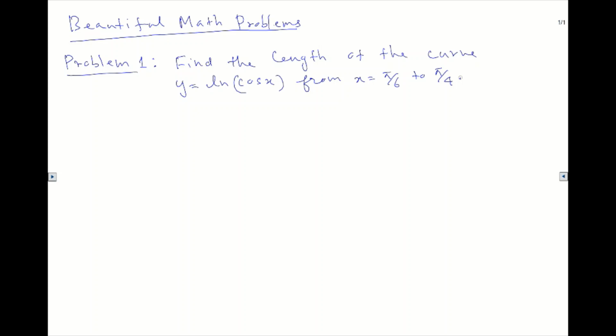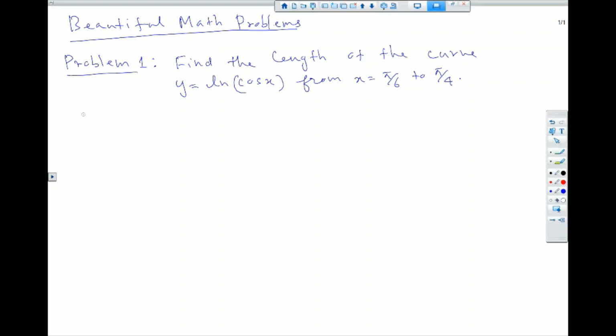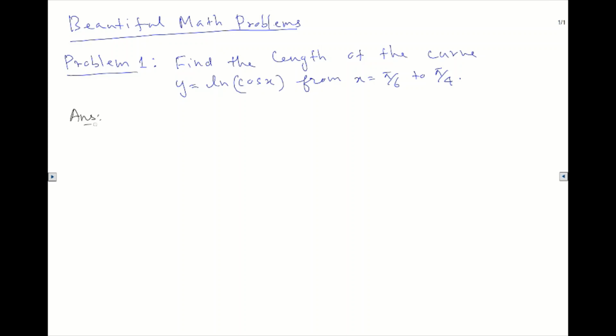So let's try to do this problem. If you want to find a length, let's say you have a general curve like that, going from A to B. We'll call the length L. So what's the length formula?